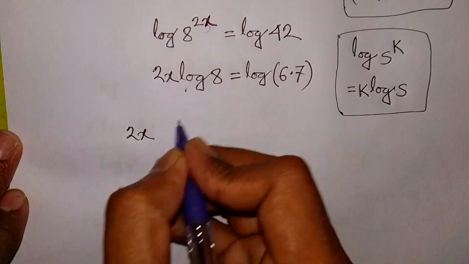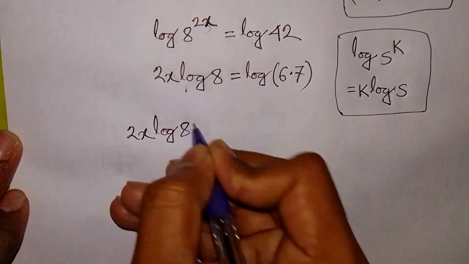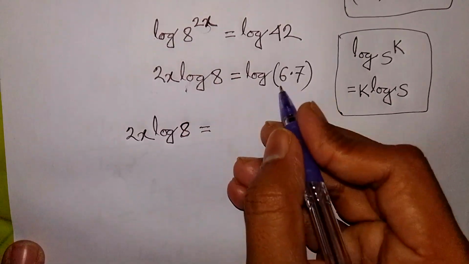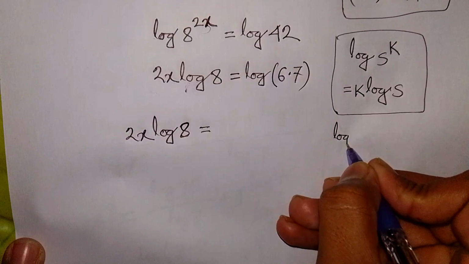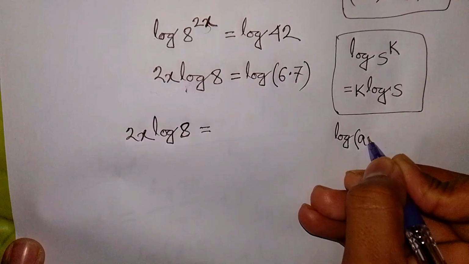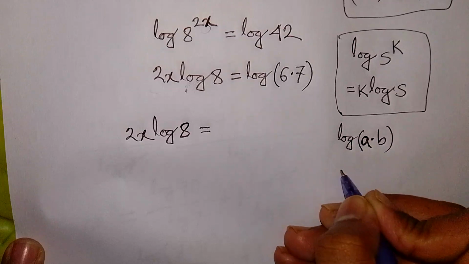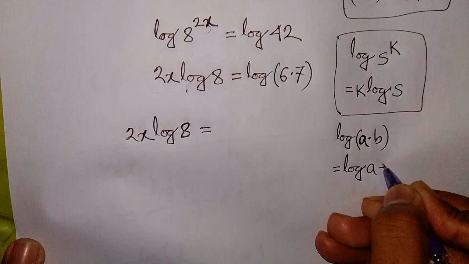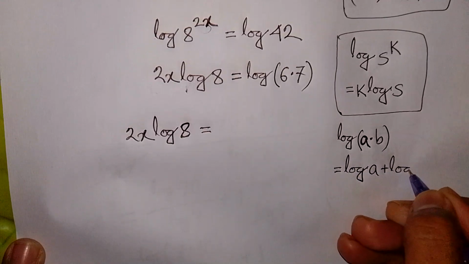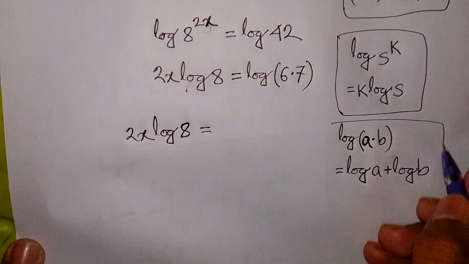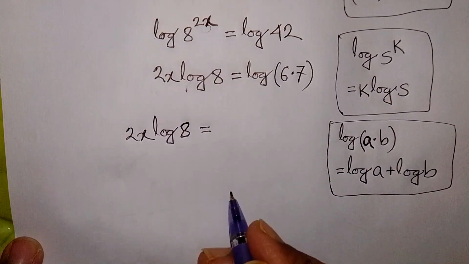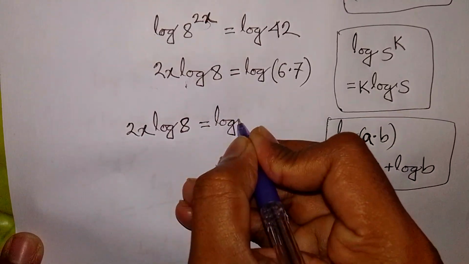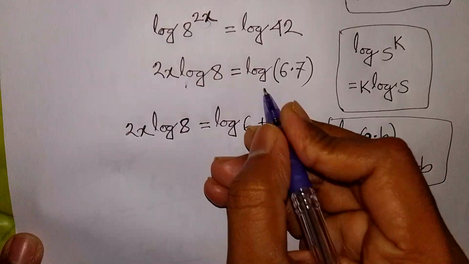In the next step, we have 2x log 8 is equal to, here log of 6 times 7, so we apply this formula: log of a times b is equal to log a plus log b. So it will be log 6 plus log 7.